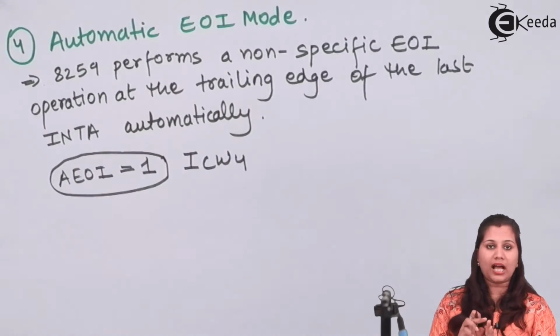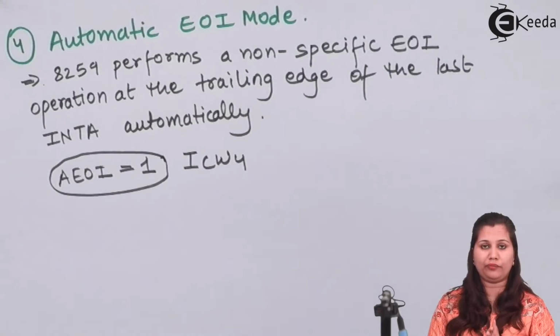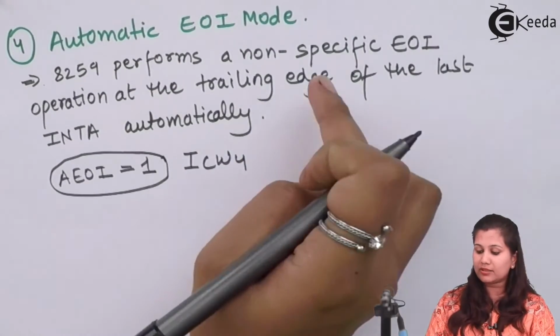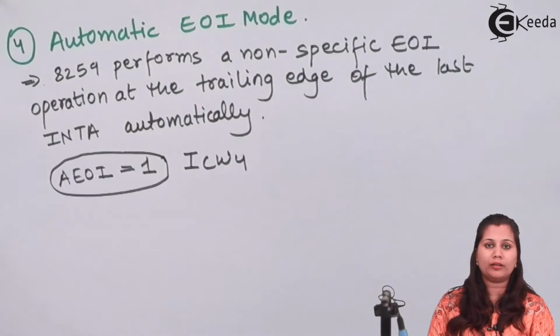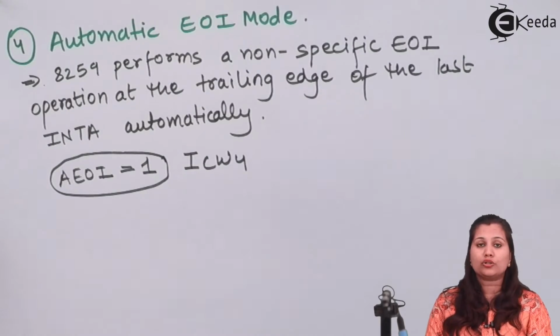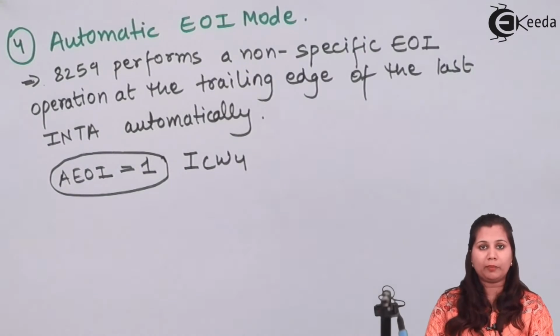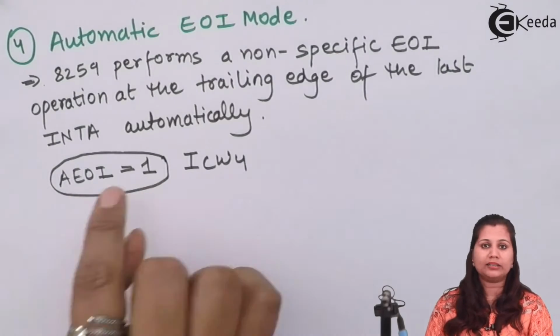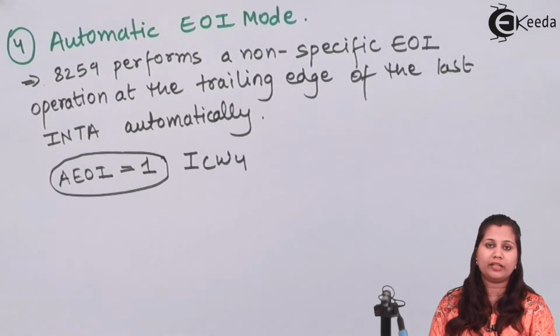So when the last pulse of the interrupt acknowledge signal given by the CPU to the 8259 comes, this non-specific end of interrupt command is generated automatically, and it tells the 8259 that the service routine has been completely executed. So externally no end of interrupt command is given. If this bit is 1, then this command is generated automatically when the service routine is completely executed. So this was the automatic end of interrupt mode.